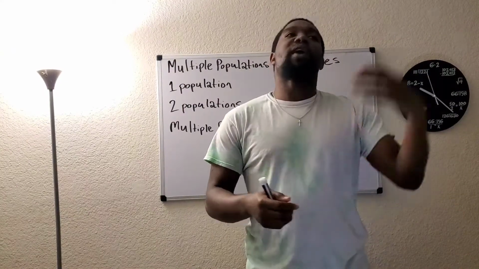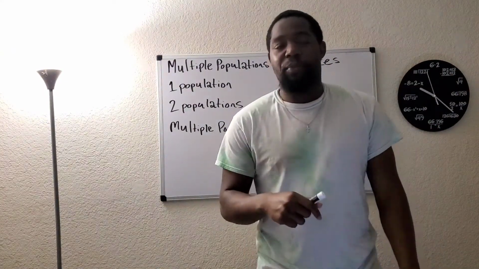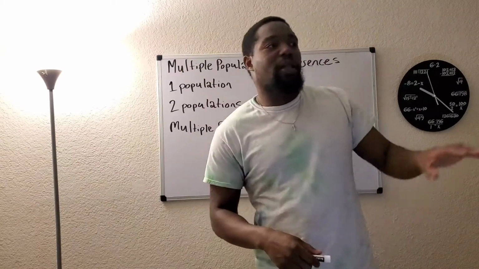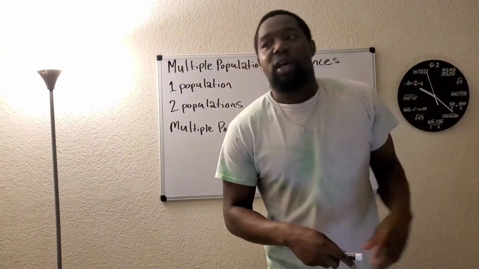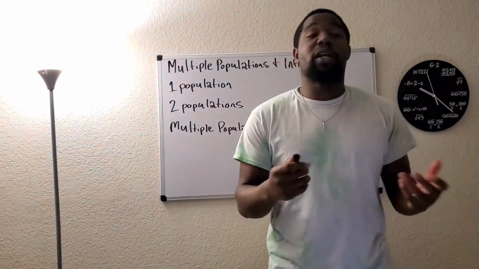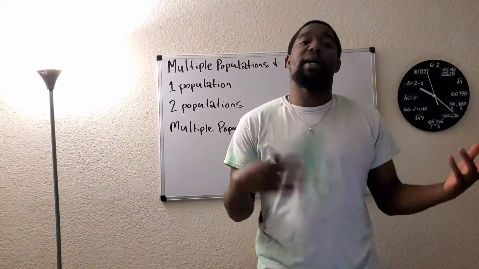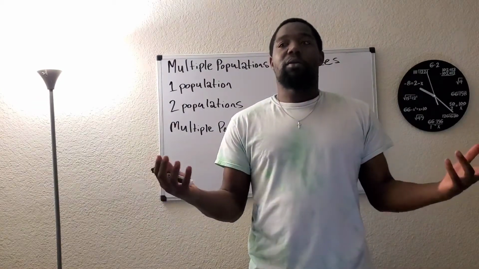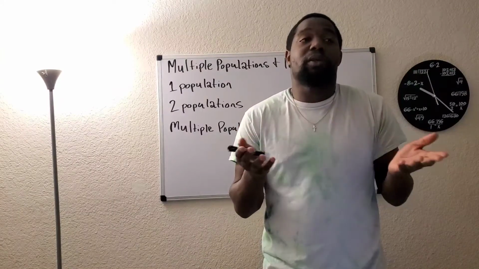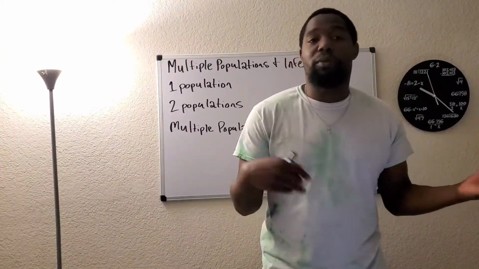Let's say we averaged it out and the heights were the same. The average height of the athletes in your school is 5'6", and the average height of the non-athletes is 5'6". What inference can you make about height in athletes? Well, in this case, there's no difference. My inference would be there's no difference between the people who play sports and the people who don't play sports at my school.